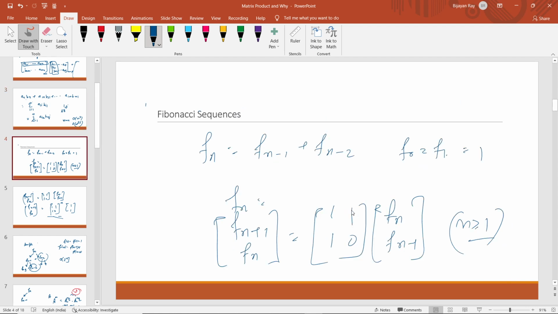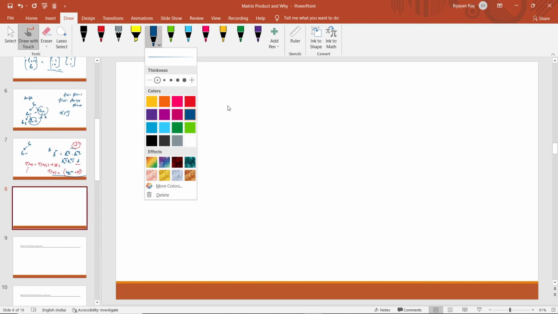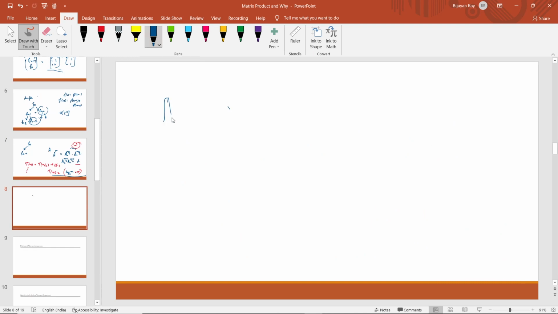So if we somehow write this matrix, say any A whose power we want, as Q inverse D Q for some matrix Q that we are supposed to find, and D is a diagonal matrix, that is, all non-diagonal elements are 0.